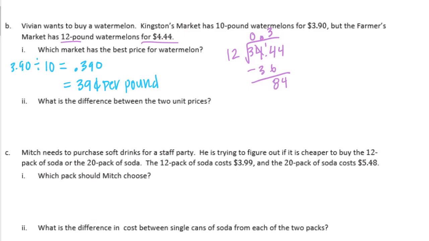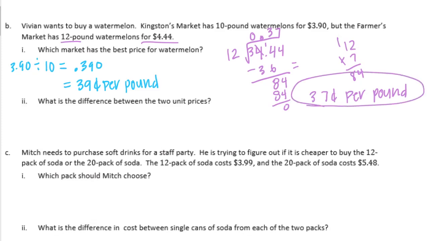Let's try 7. Yep, 7 times. So this is equal to 37 cents per pound. So which market has the best price? That is the farmer's market.